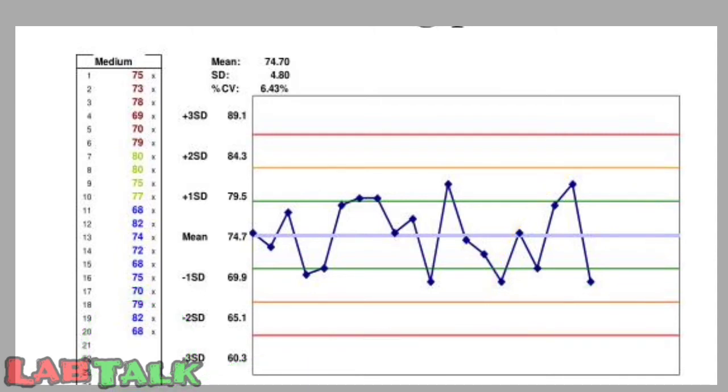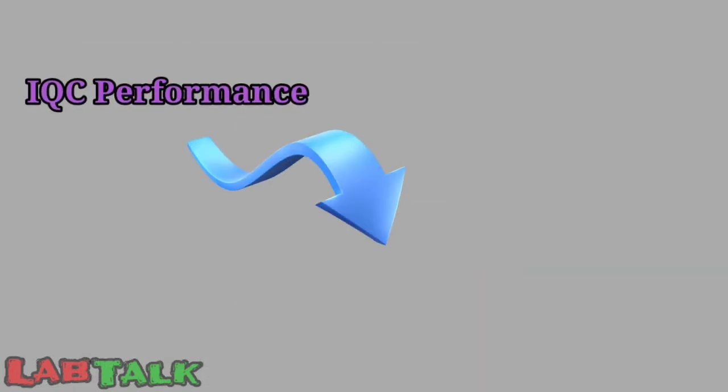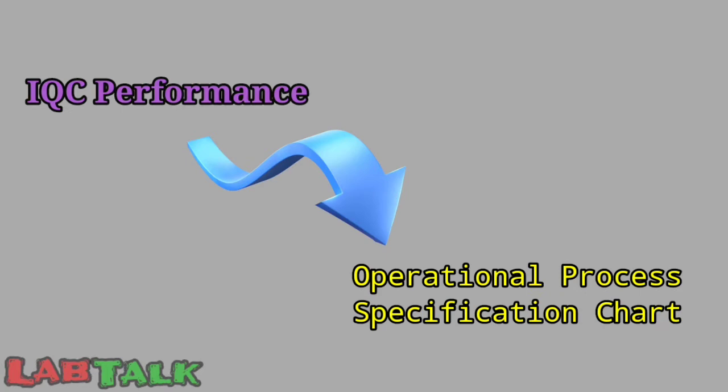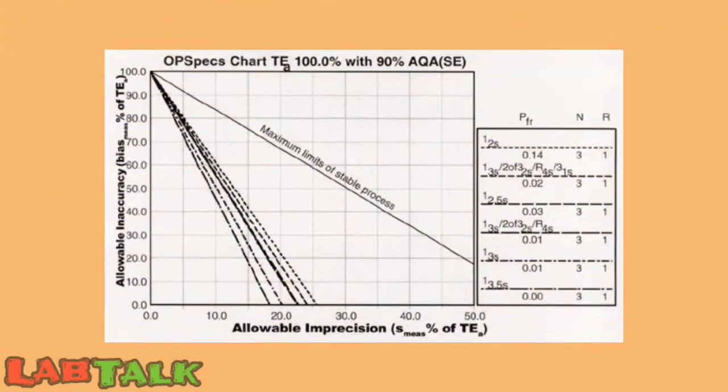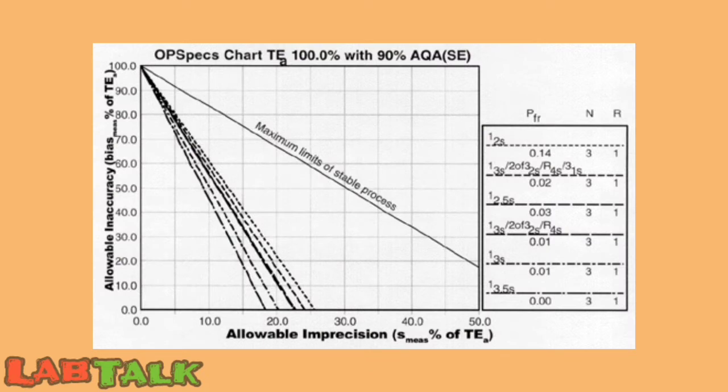There are some more types of QC charts that are used in internal quality control. They are used to predict IQC performance. Operational process specifications charts, OP specs charts. Operational process specifications have been derived from an analytical quality planning model to assess the precision, accuracy and quality control needed to satisfy proficiency testing criteria.